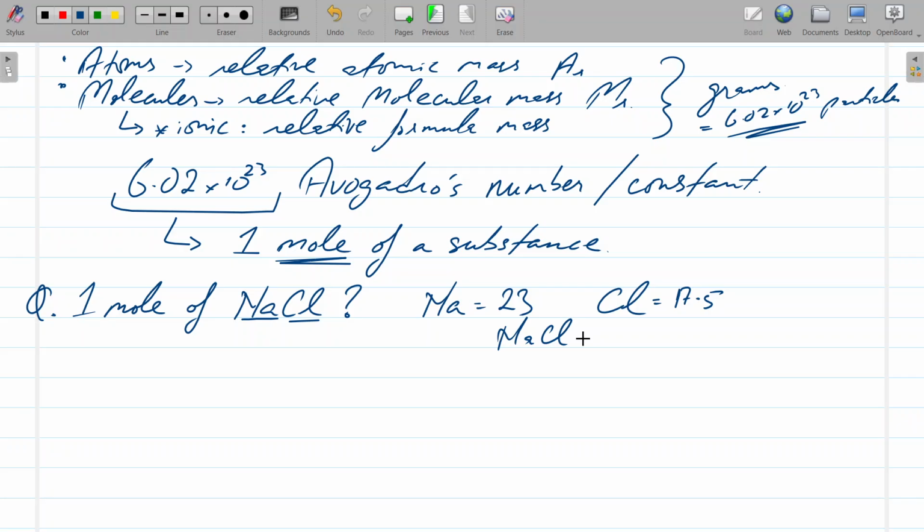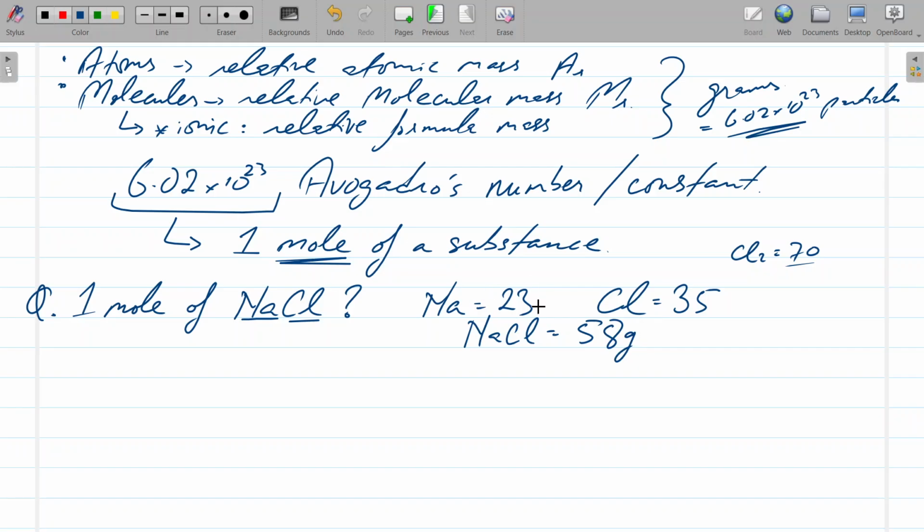I might be confusing myself. Yeah, okay. So my bad. 35 is for a single atom of chlorine. I was looking at it as diatomic, so that would be Cl2, which would be 70 actually. So yeah, 23 and 35. So Sobia, you were correct, and that gives us 58.